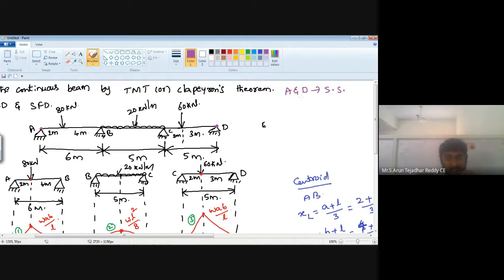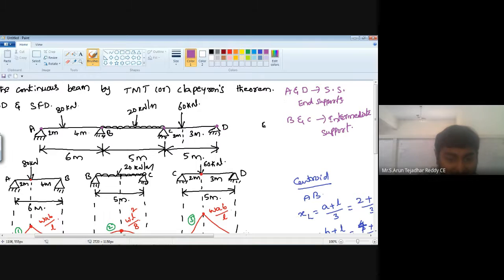Here A and D are the end supports, so we can call them simple supports. But at point B and point C, these are the intermediate supports. B and C are the intermediate supports. A and D are the simple supports.